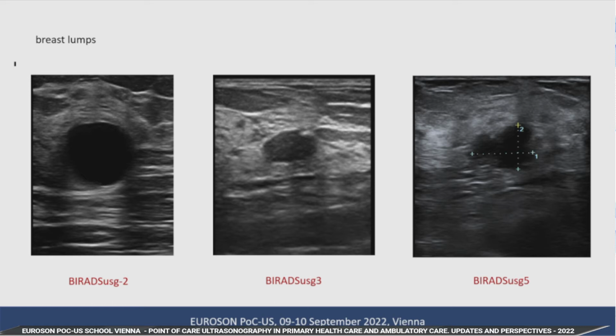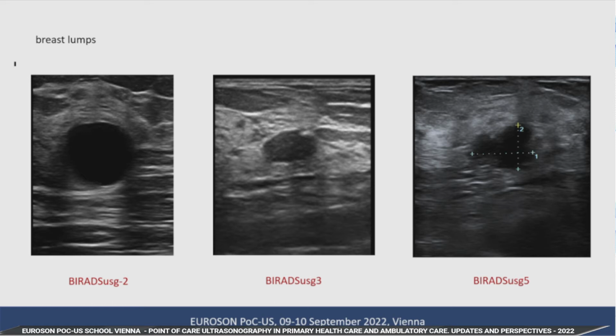In the second lady, we can see a hypoechoic lesion, but the lesion has a regular, correct border. Actually, the final diagnosis was fibroadenoma. But if we see a picture like number 2, fibroadenoma, do we think that the lady has or hasn't cancer?